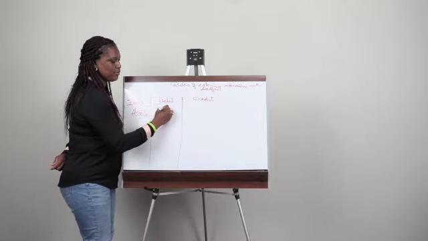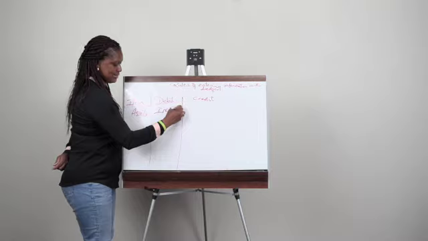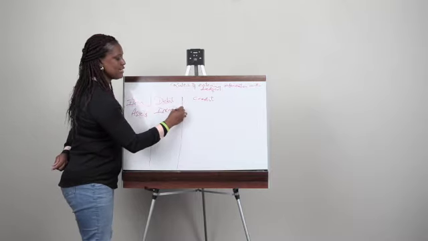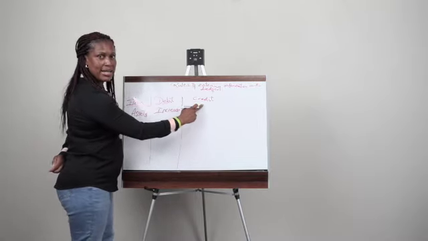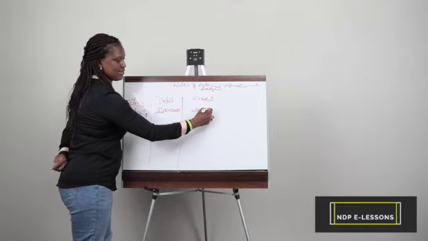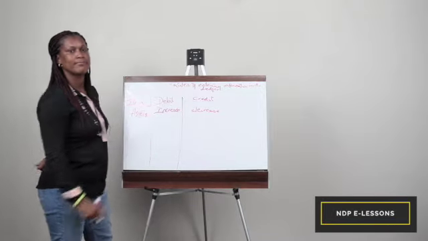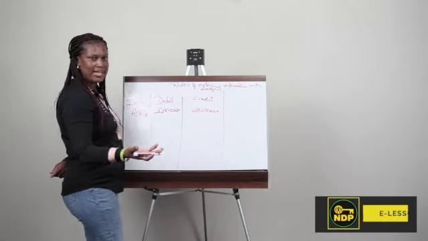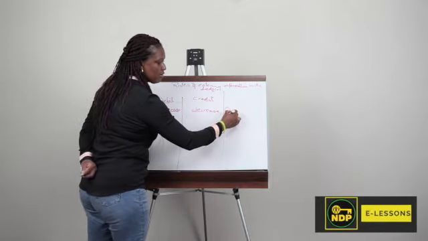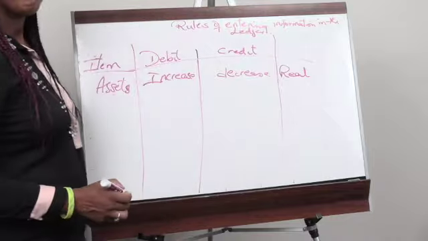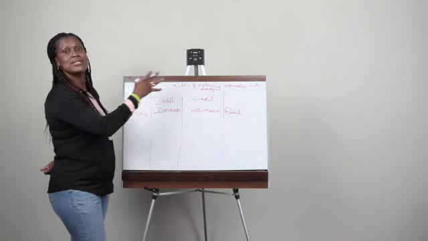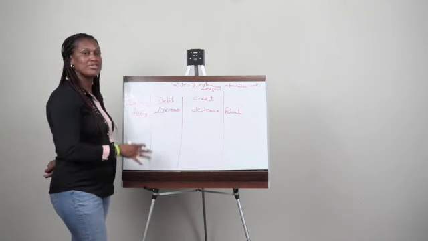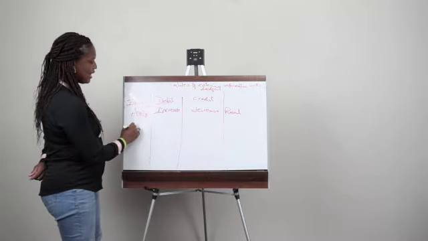We debit when it's an increase in assets. And we credit when it decreases. All right? And we know that an asset, if we have to classify it, is a real account. So that's a summary of what you have done in this lesson.